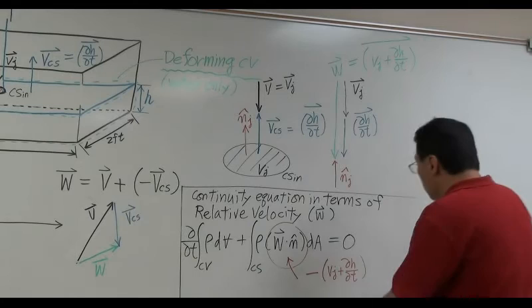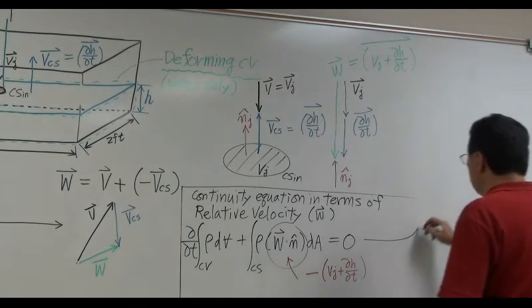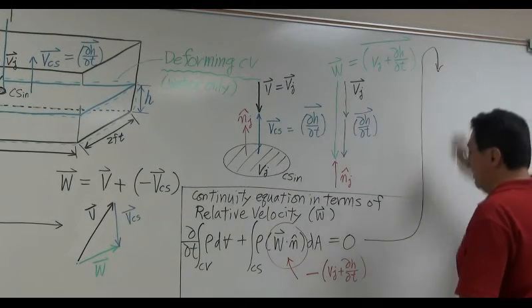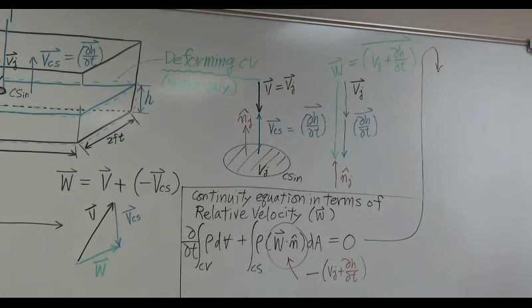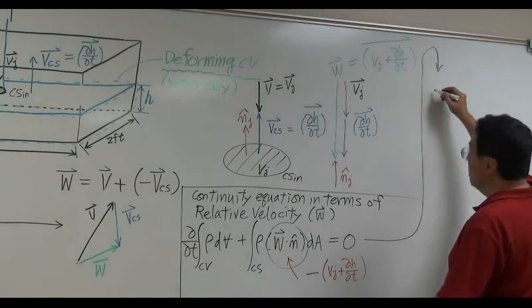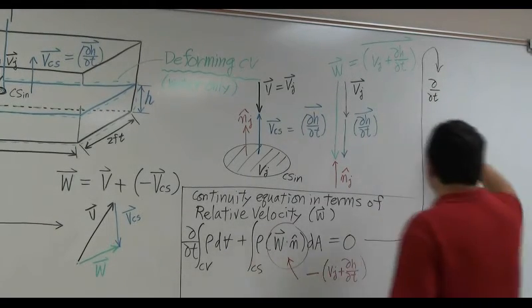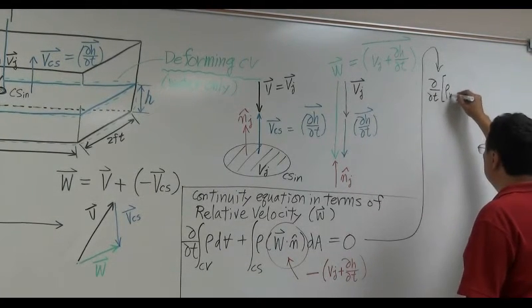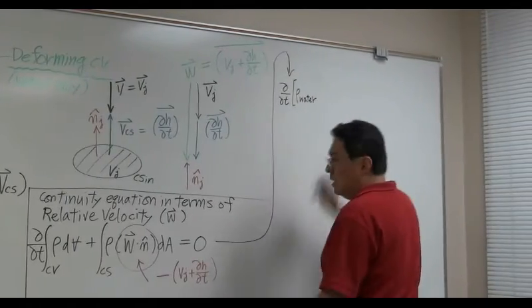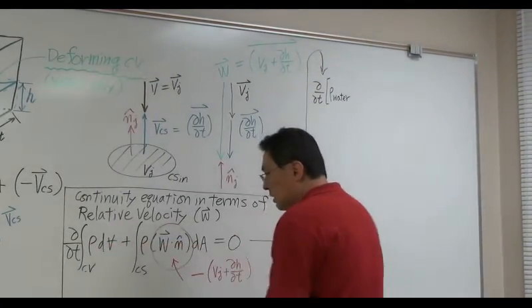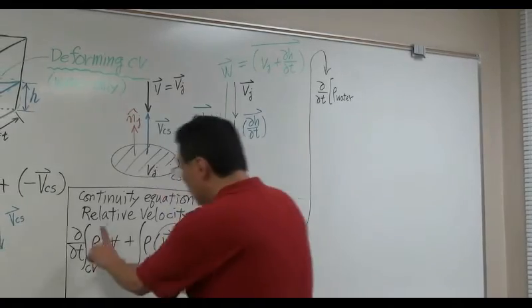Okay? So let's move on here. This equation now becomes d/dt of density, rho of water, and then an integral over the control volume.